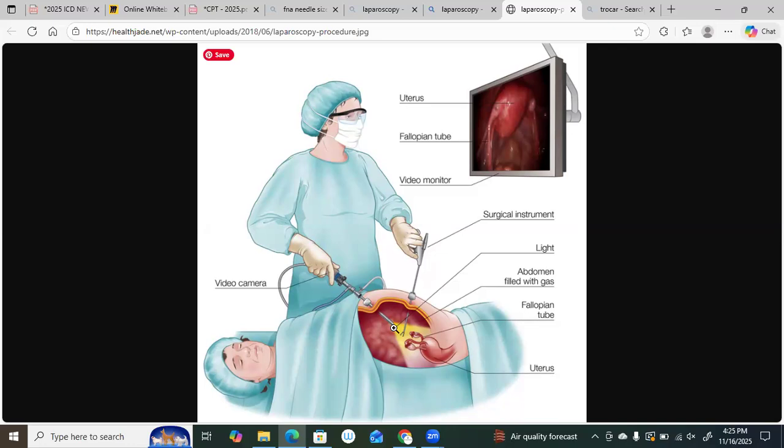So this is a tool, this is a camera. With the help of the camera, we are able to see where we are doing the procedure, and with the surgical instruments, we are doing the procedure. So laparoscope means inserting the scope in the lapro. Lapro means abdominal cavity. Is the difference between laparoscopy and open clear to everyone?